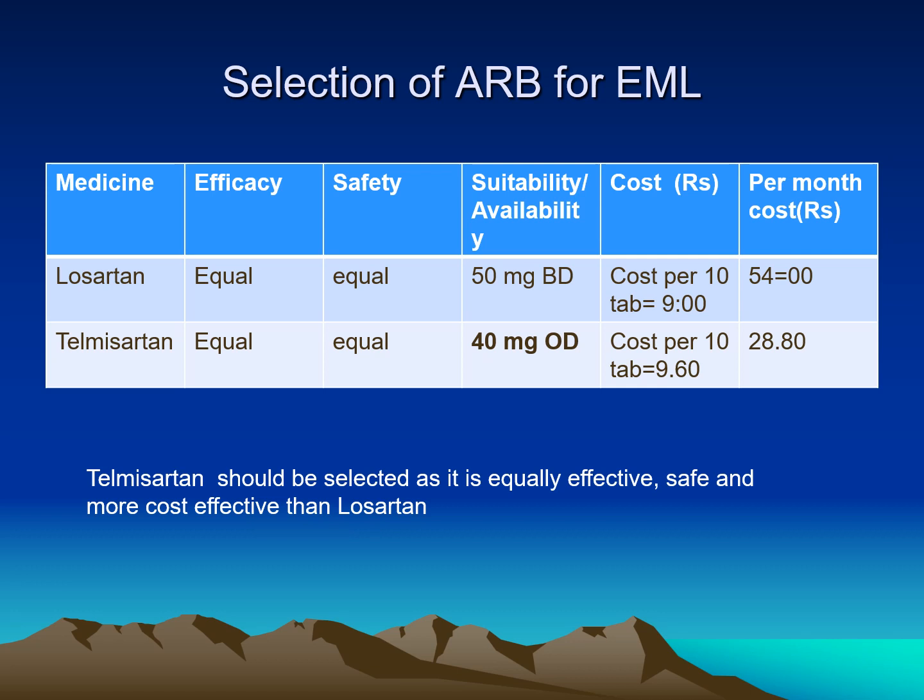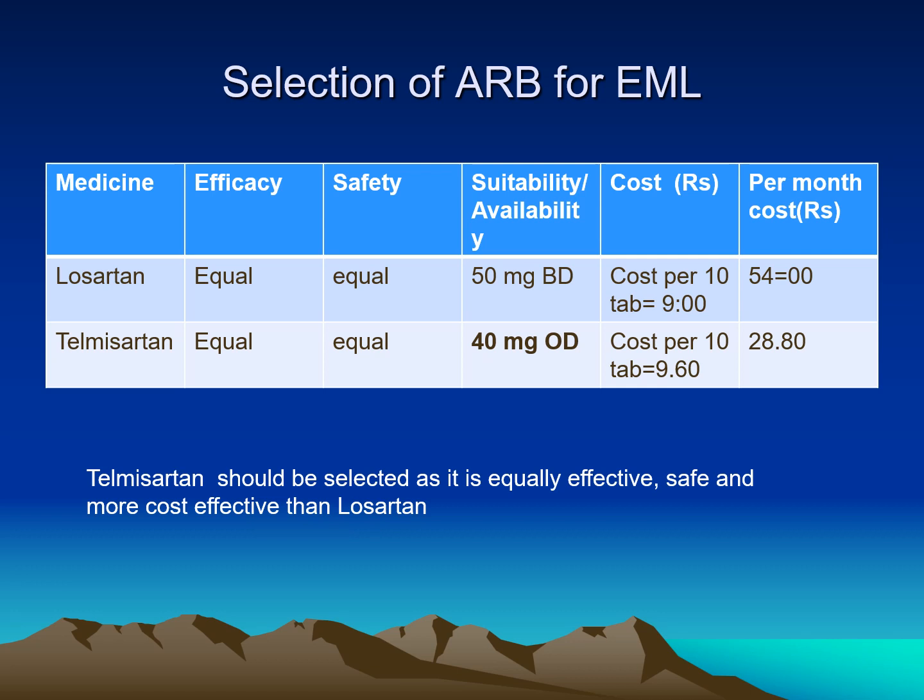For example, if you want to select an angiotensin receptor blocker for hypertension and heart disease in the essential medicine list, and two drugs are available. Of course, there are many other drugs, but a simple comparison would tell us that losartan is to be given twice daily, 50 mg. Telmisartan is given 40 mg once daily, as both have equal efficacy and safety in long-term use.